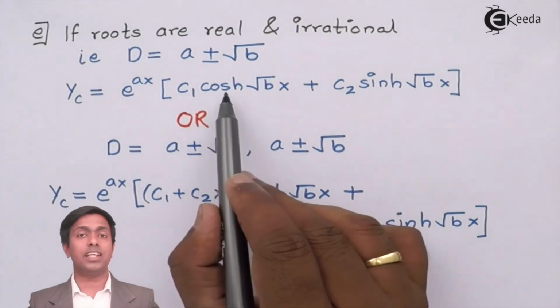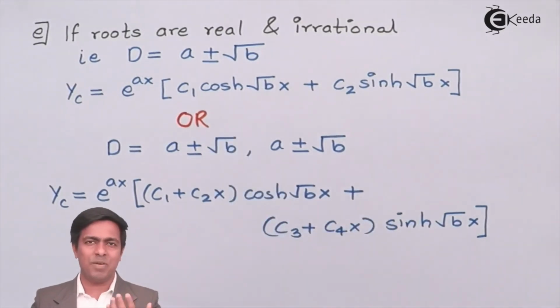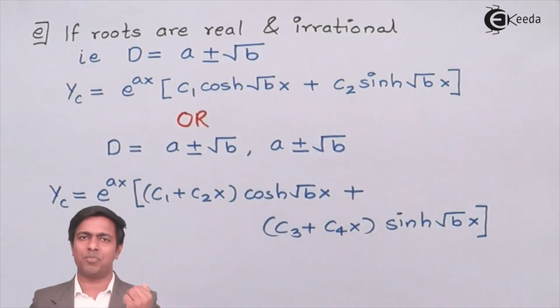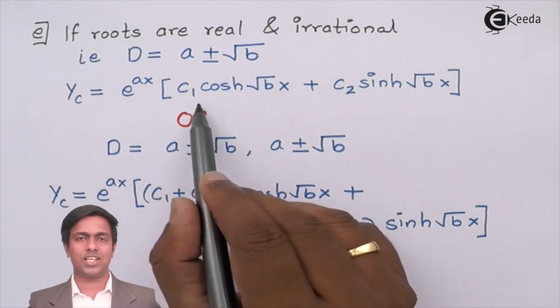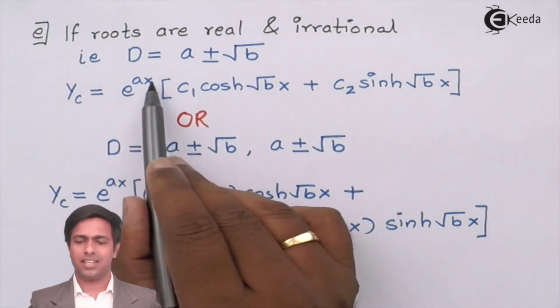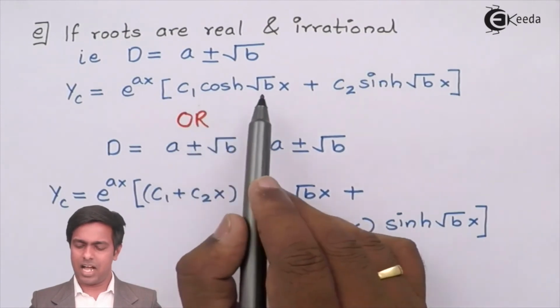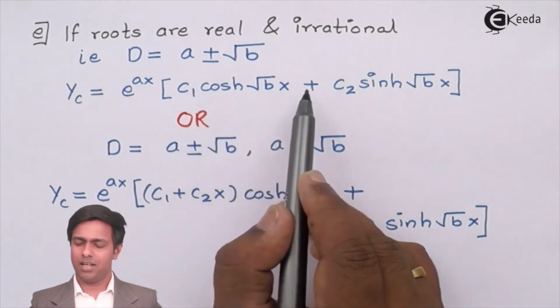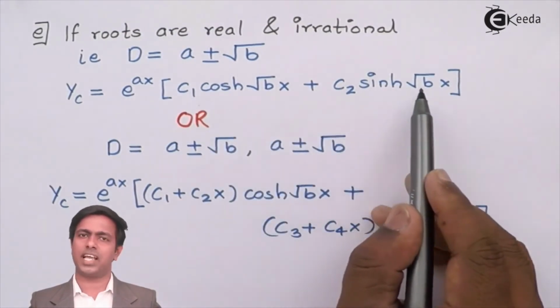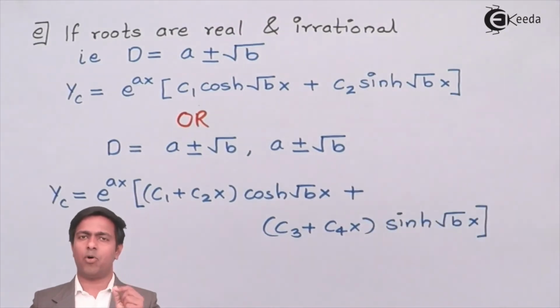So here instead of cos and sine, we'll be having hyperbolic cos and hyperbolic sine. So the solution is e to the power ax c1 hyperbolic cos root bx plus c2 hyperbolic sine root bx. So guys, here I am also taking root along with b. So you have to remember this.